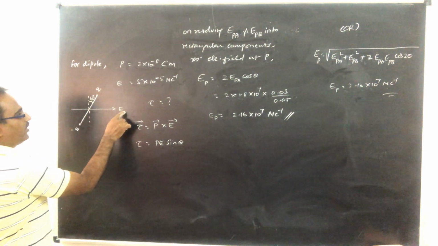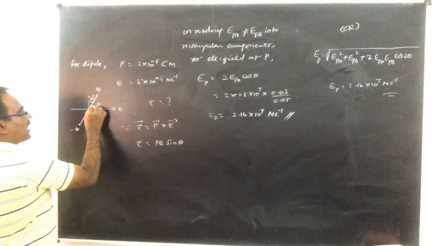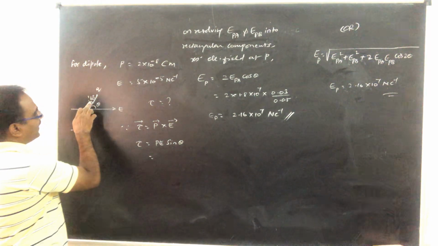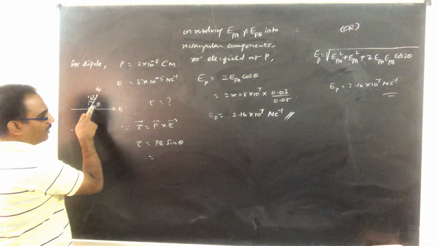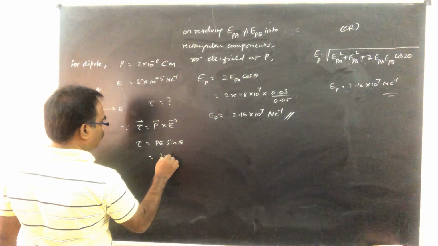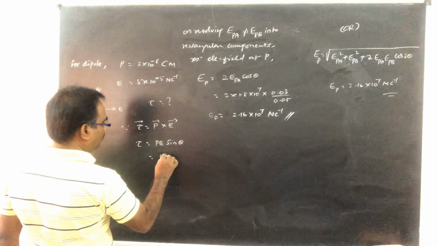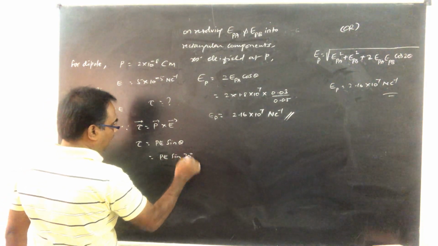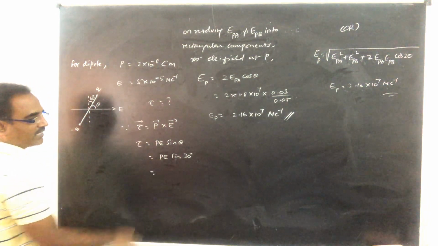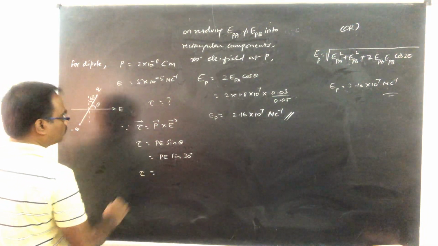This is the direction of E. So theta is the angle between these two. Therefore, this angle being 60 degrees, the remaining angle will become 30 degrees. So it is PE sin 30.